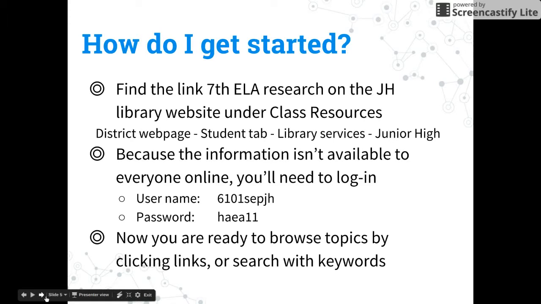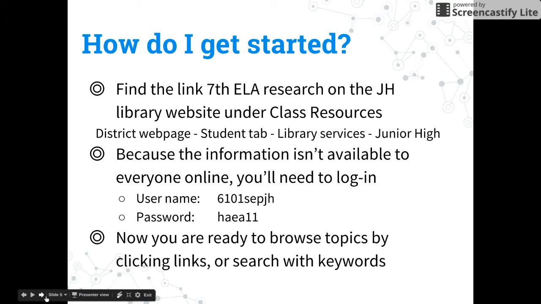To get started looking for information about your topic in these databases, you'll need to follow these steps. And I'll show you these in just a minute. First, you'll find the 7th ELA research link either on your teacher's website or on our library website under the Class Resources tab. To get to the library website, start at southeastpolk.org, click on the Students tab, choose Library Services, and then the Junior High.